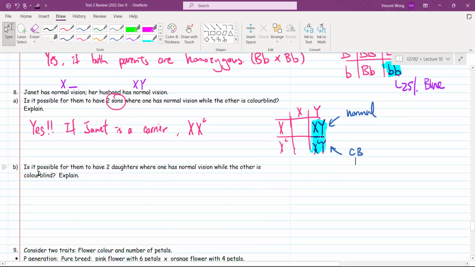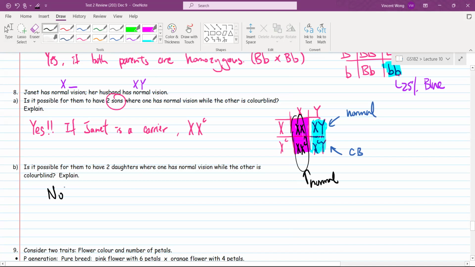Is it possible for them to have two daughters where one has normal vision while the other is colorblind? Well, let's take a look. So over here, it's XX for one and then XXC for the other. You can see they are both going to have normal vision.